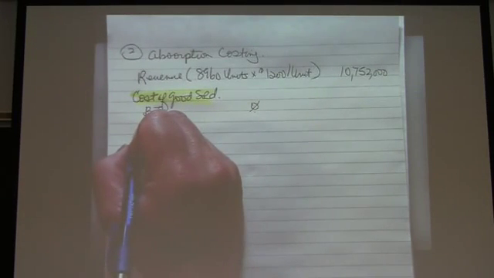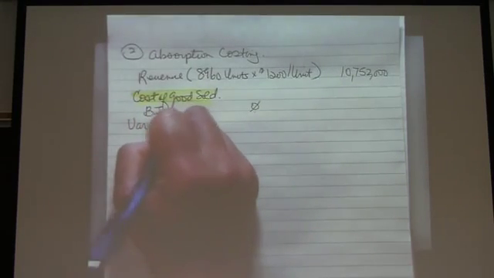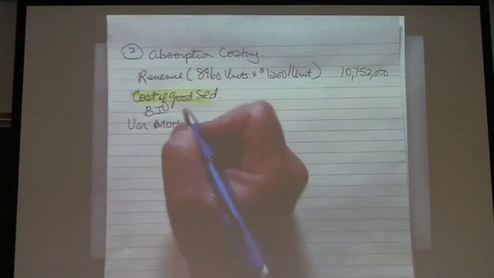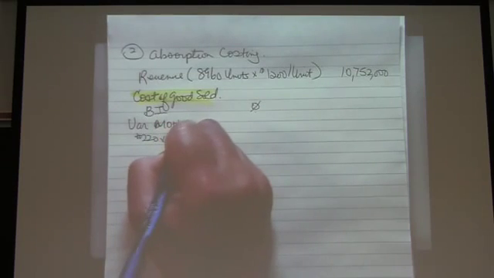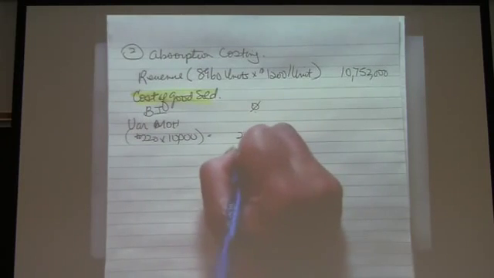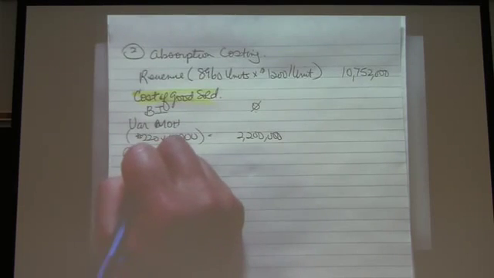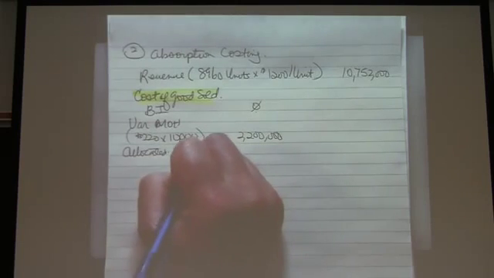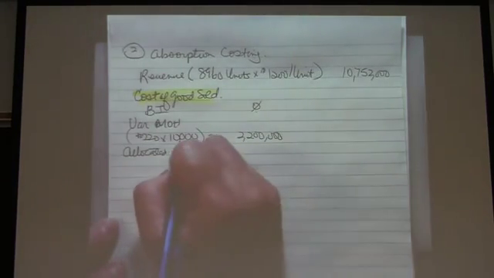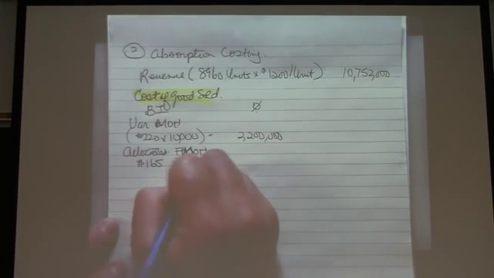Now, what is my variable manufacturing overhead? We know that the variable was $220 times 10,000 units. Now we need to calculate the allocated fixed manufacturing overhead. That was given to us, remember? We're told it's $165 times 10,000 units.